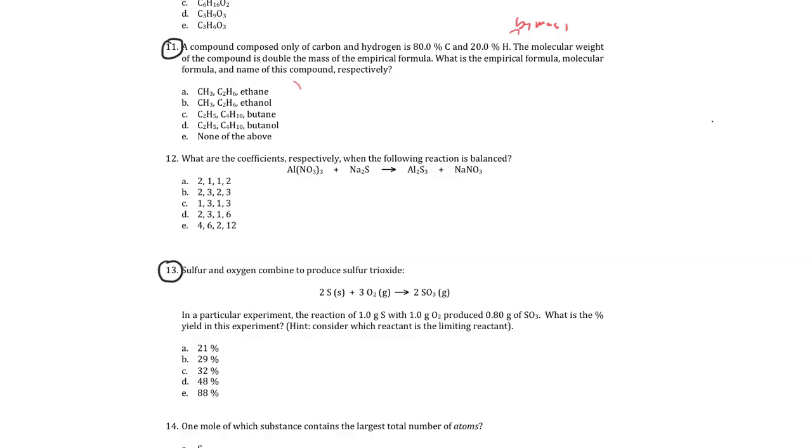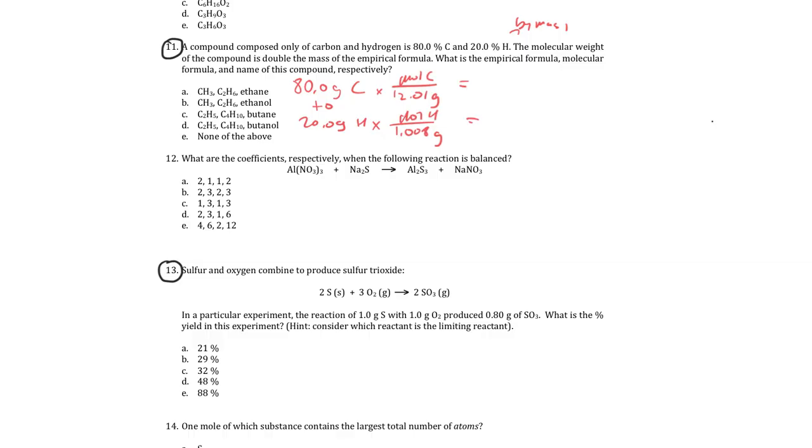So we're assuming our compound would have 80 grams of carbon in ratio to 20.0 grams of hydrogen to have 80% by mass carbon, 20% mass hydrogen. And so we're starting with the mass ratio, dividing by their grams per mole of each of those elements, 12.01 for carbon, 1.008 grams per mole for hydrogen.